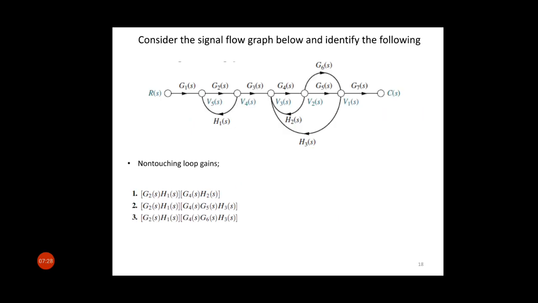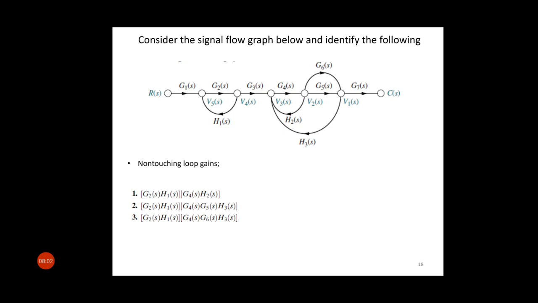Now the non-touching loops. How many non-touching loops are there? The first loop, G2 and H1, is non-touching with this loop, G4 into H2. Again, the first loop is non-touching with the third loop, G4 into G5 into H3.